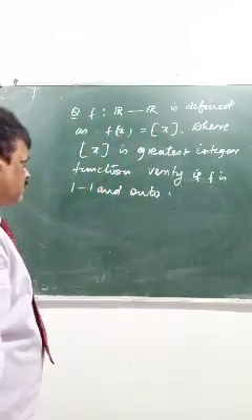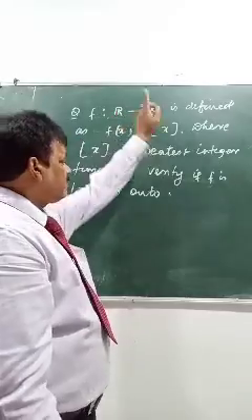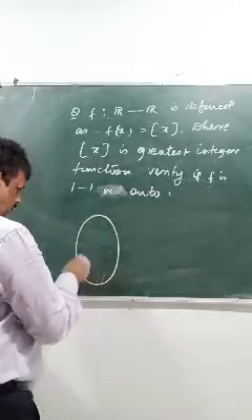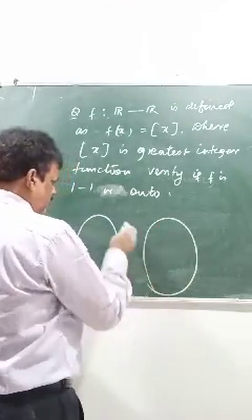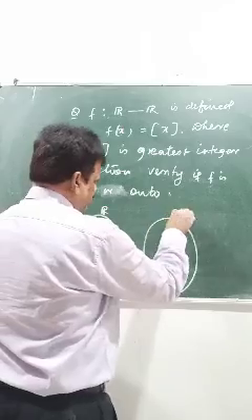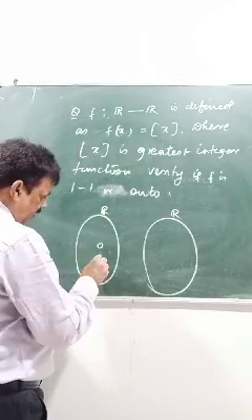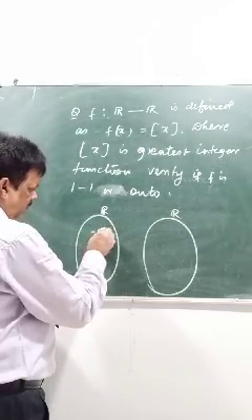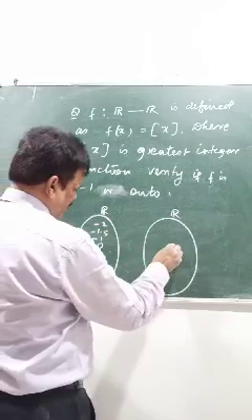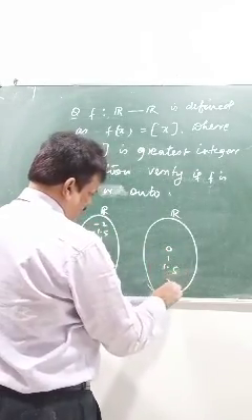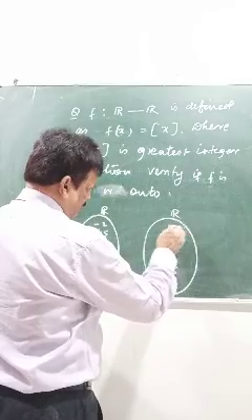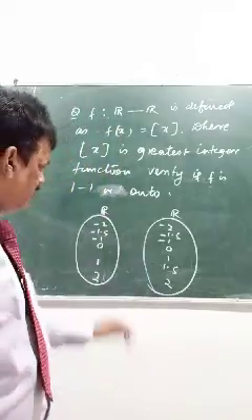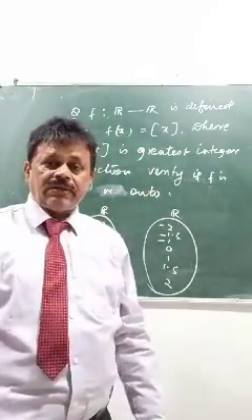Okay, so let's see, real number to real number. What are the elements in real numbers? You get integers, means all the integers, and the decimals, the fractions, you will get.